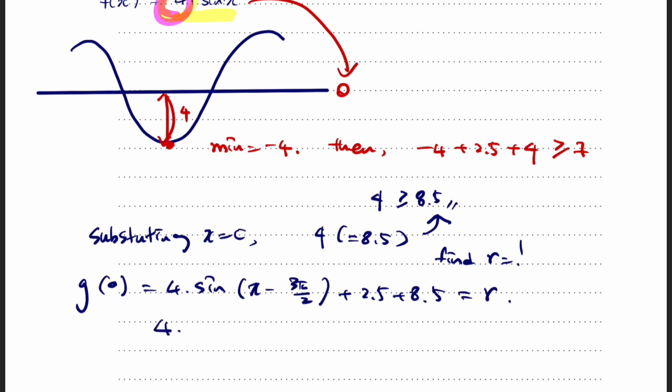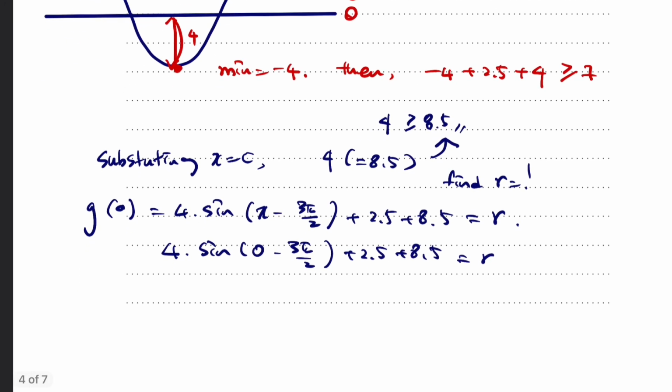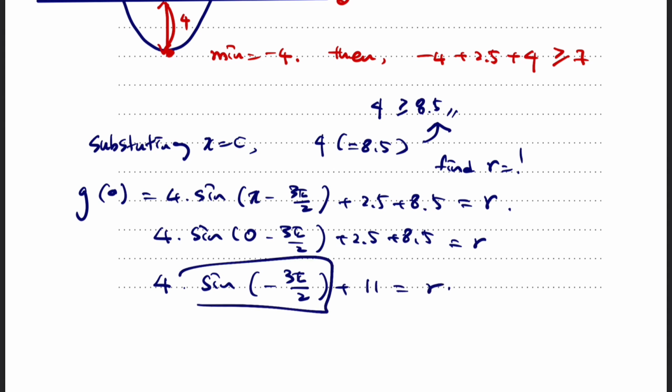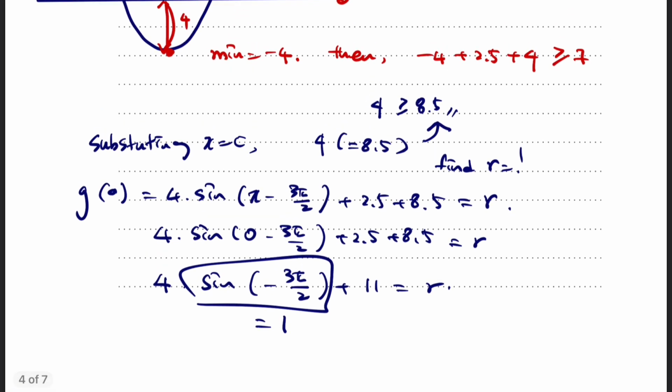So 4 times sine of negative 3 pi over 2, plus 11 is equal to r, and the sine of 3 pi over 2 is equal to 1, right? According to your unit circle. So we can say 4 times 1 plus 11 is equal to r, and that is equal to 15.